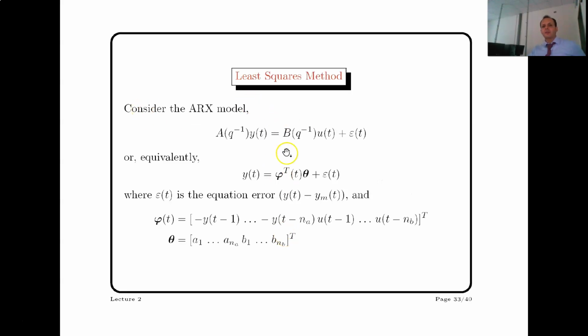So let's start with the basics, again, with the least square method. If you consider a least square method, you remember that the output is given in this compact vector form, where the vector phi contains, again, in the assumption of single input, single output model, one output and one input.